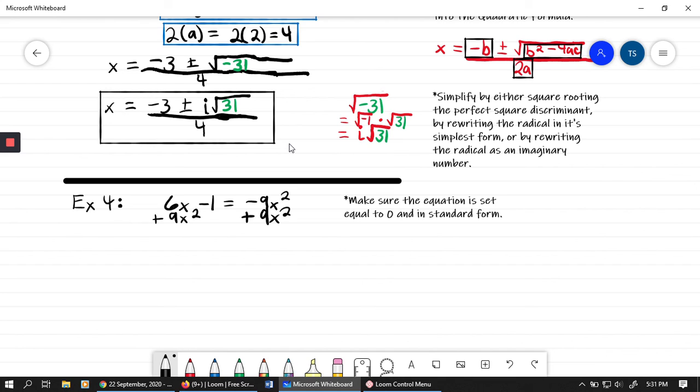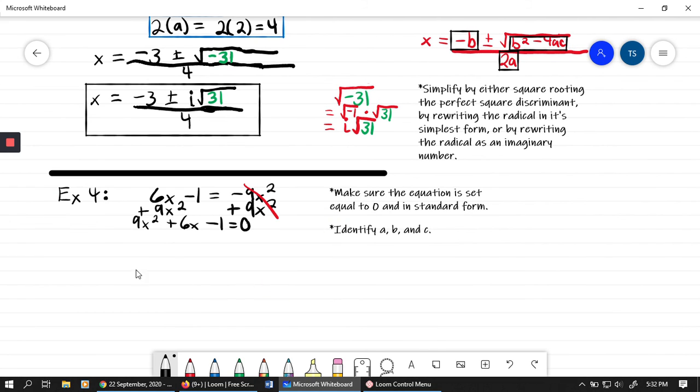We wind up getting 9x squared plus 6x minus 1 equals 0, because those 9x squareds cancel out. Now that we've got it set equal to 0 and in standard form, let's identify our a, b, and c.